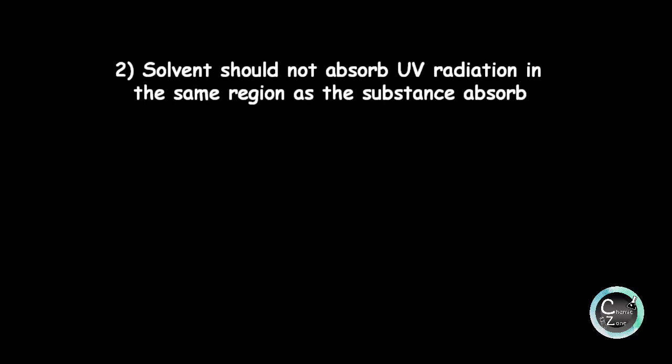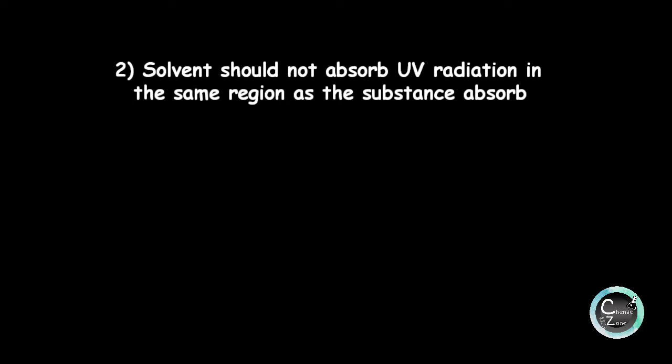The other criteria is the solvent should not absorb UV radiation in the same region as the substrate absorbs. We can understand this by using an example. Proteins and peptides which contain tyrosine or tryptophan absorb UV radiation at a wavelength of 280 nanometer.